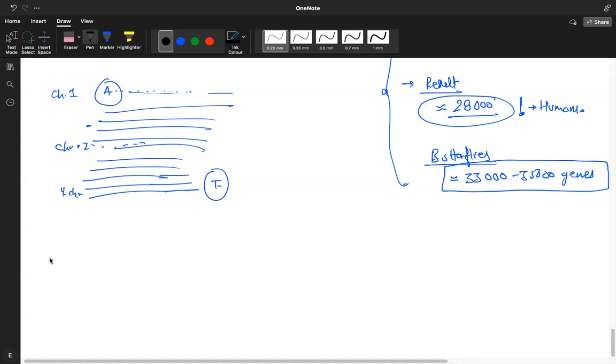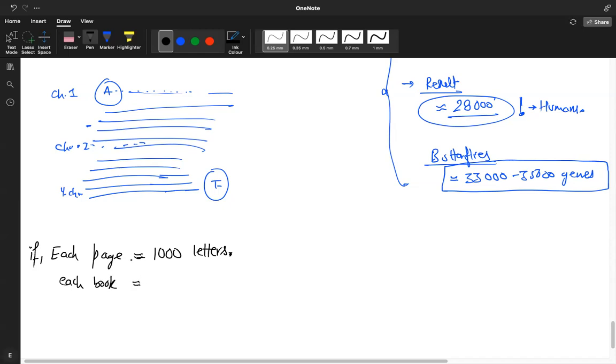Say each page has to contain around 1000 letters, which means the individual alphabets, A, T, G, C, 1000 letters.